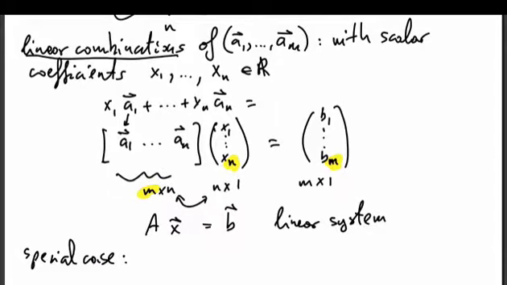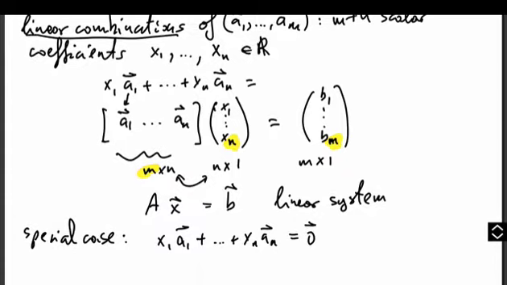Special case: if x1 a1 plus xn an, the linear combination, results in the zero vector, the way we can write this as a matrix vector equation is then that Ax equals 0. This is called a homogeneous linear system.